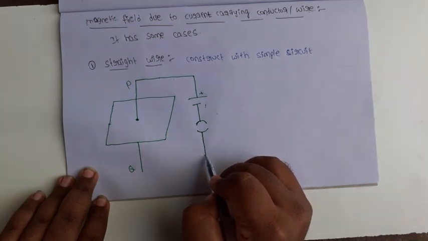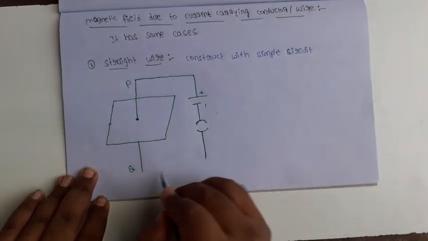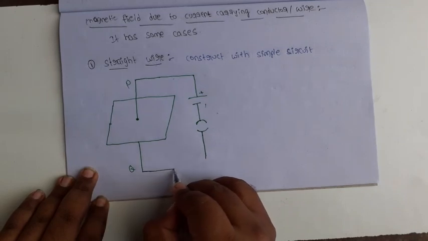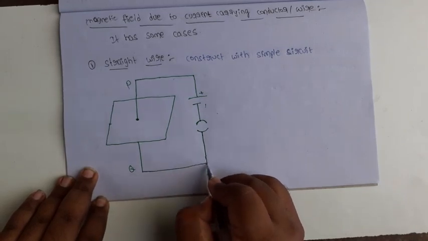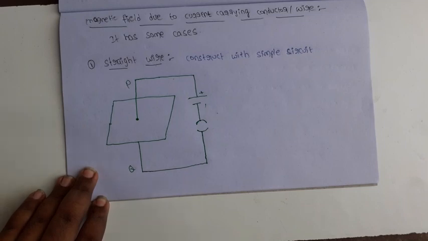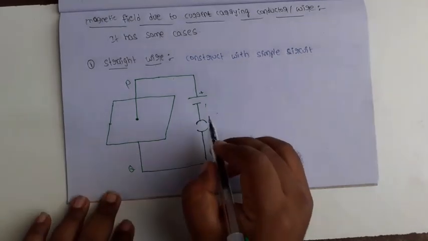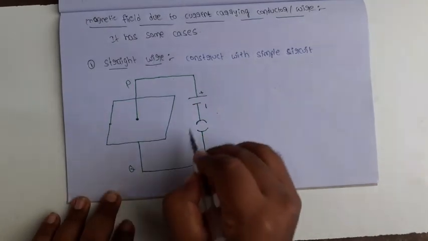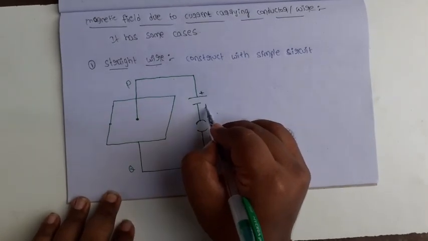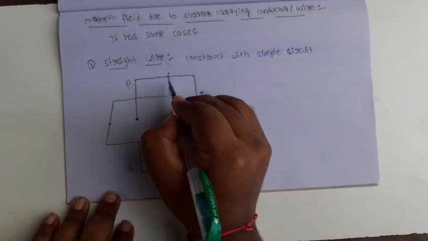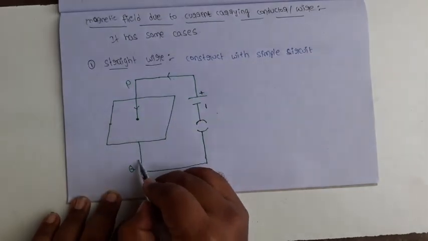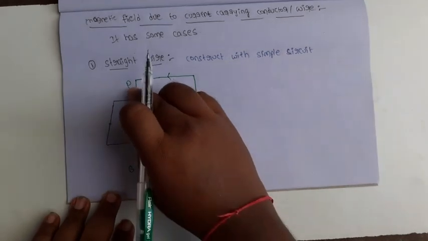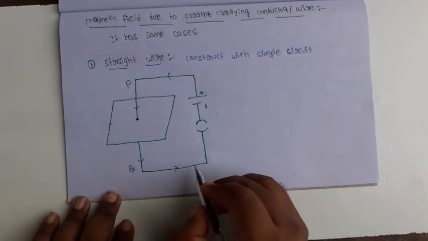Another terminal of the plug key is connected to point Q. This is the small circuit. Now in this circuit, what is the direction of the current? Positive to negative, so current direction is P to Q, means downward direction.